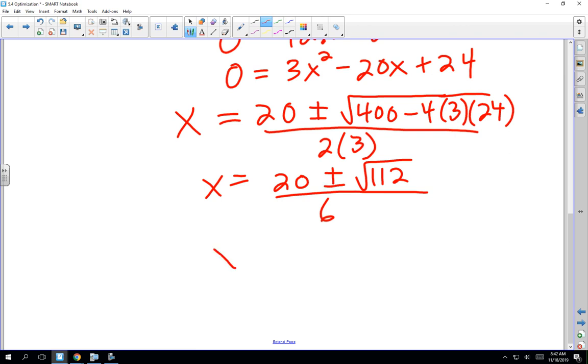All right, so what are my two values? Do we have a calculator handy, a decimal on it? 20 plus square root of 112 over 6, what do you get? James, do you have it for us? Almost. It's like 5/3 is one of them, like 1 and 2/3.